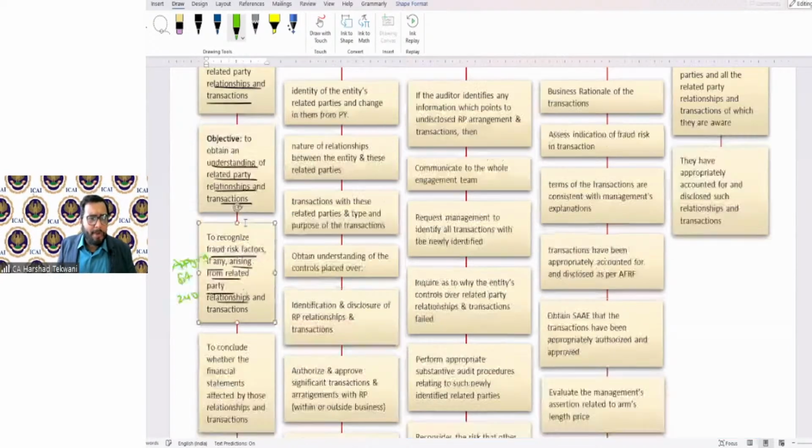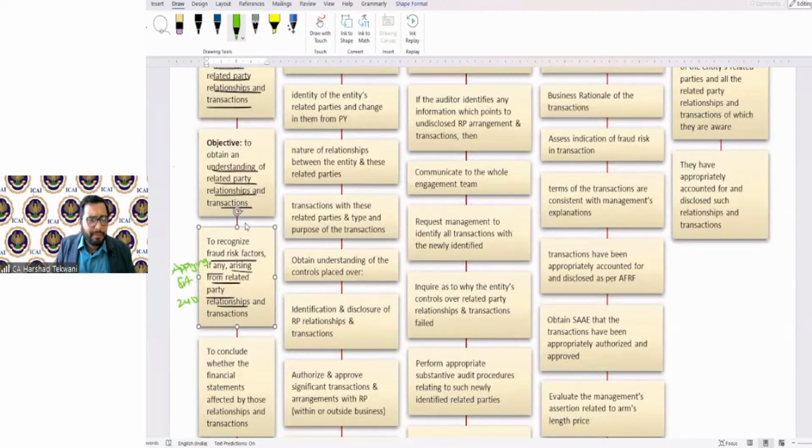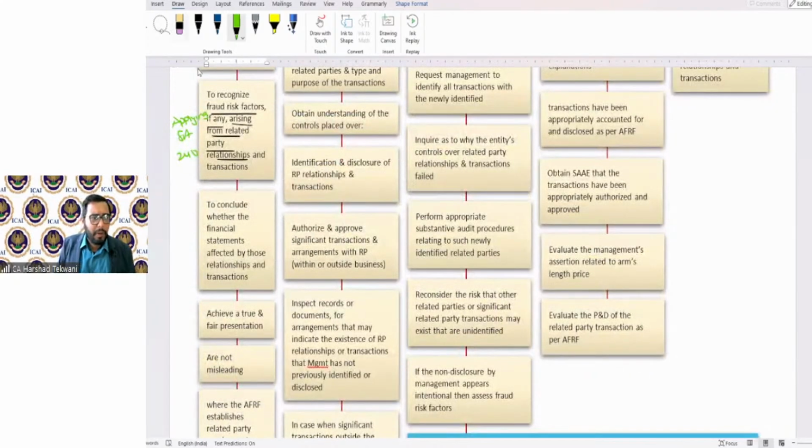And third, to conclude whether the financial statements affected by those related party relationships and transactions achieve a true presentation and are not misleading.